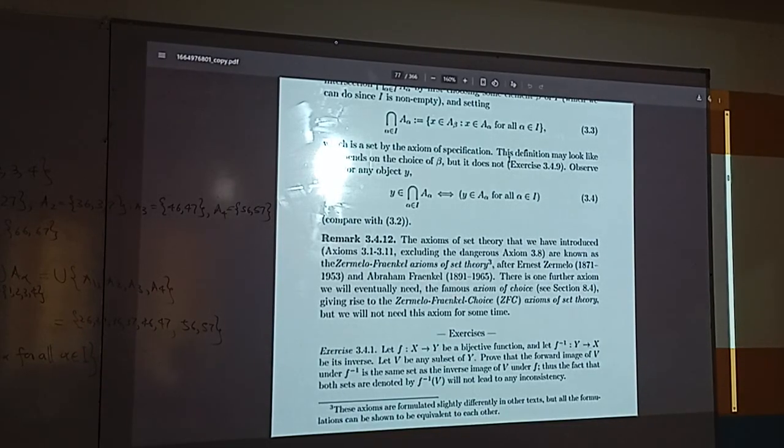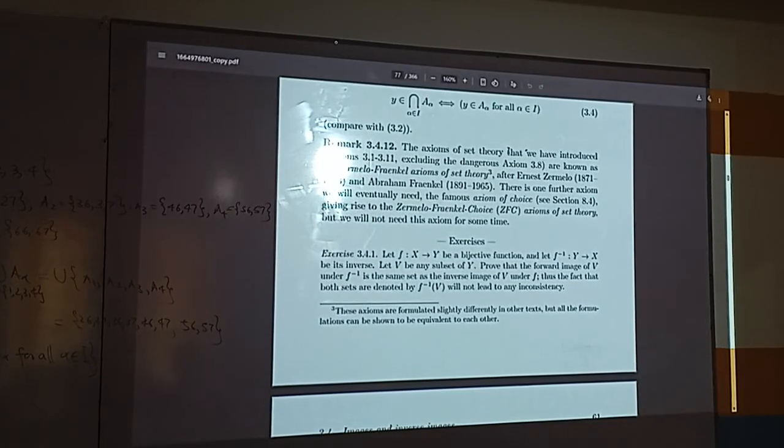That is the name of the set theory that we are using, after Ernst Zermelo, who died in 1953, and Abraham Fraenkel, who died in 65. There is one further axiom we will eventually need, the famous axiom of choice. Axiom of choice is the most famous and most difficult one, I guess, to this day, giving rise to the Zermelo-Fraenkel-Choice, ZFC, axioms of set theory, but we will not need this axiom for some time.